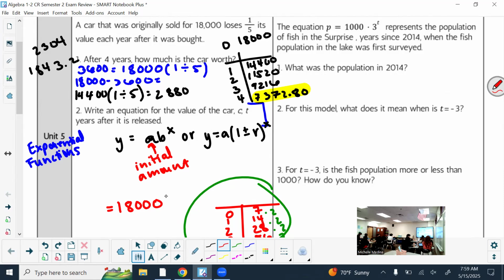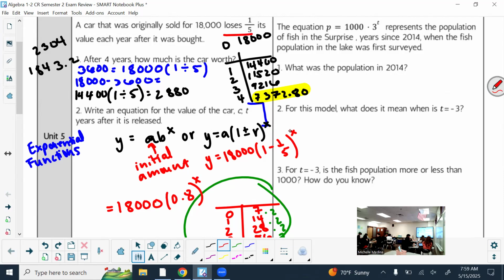So that could be my common factor, what I'm multiplying by each time. But we mentioned before that with these, where it tells you what it's losing, it's losing a fifth of its value. So losing would be decay, so 1 minus 1/5 in parentheses.